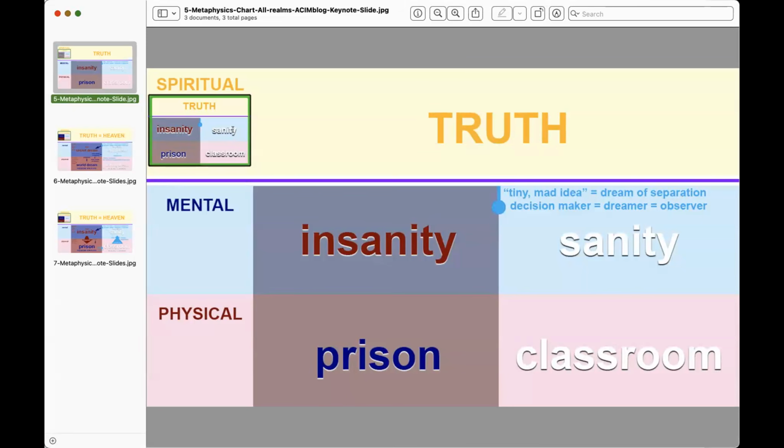And our mind is basically, when we're in that mode, a slave of the ego, but it's a slave by choice. And the slavery is voluntary.